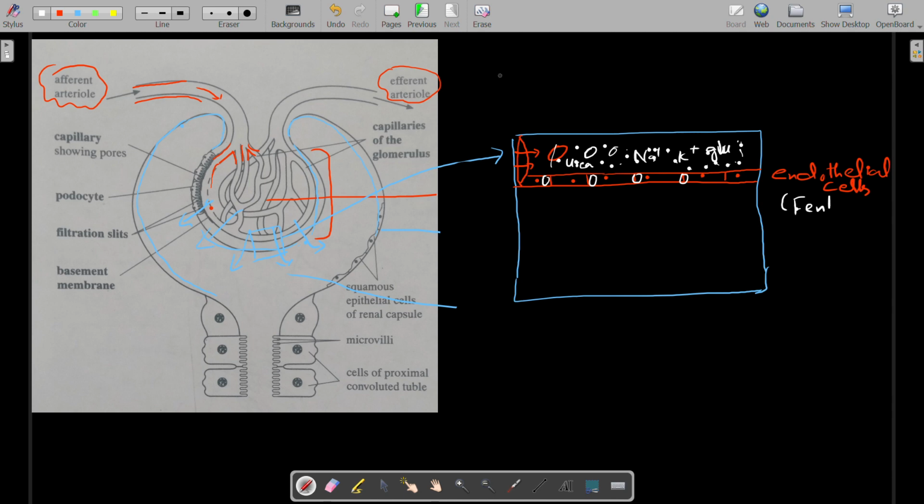Fenestrated means it is perforated. These pores have a diameter of around 10 nanometer. So things leak out through these pores, and even proteins can leak out through these pores. Proteins are macromolecules, they're large molecules, but they can also leak out through this.